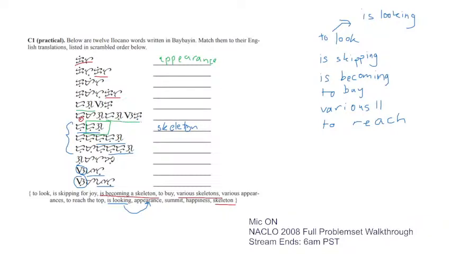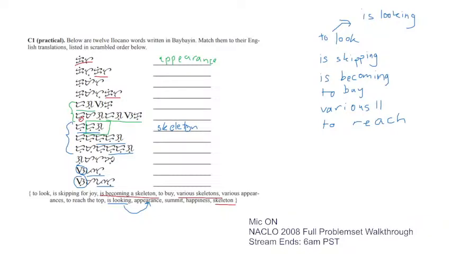This whole part is, this whole almost sentence is in this. Mm-hmm. Yeah, so then this is like a group of 2 sentences. So it could be appearance and various appearances. But then what would various skeletons be?